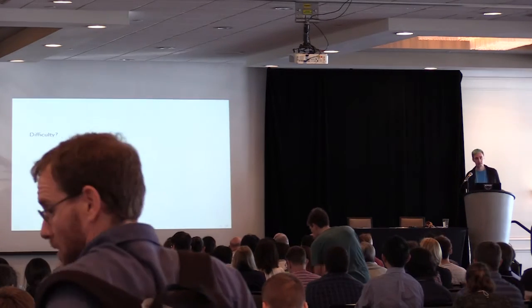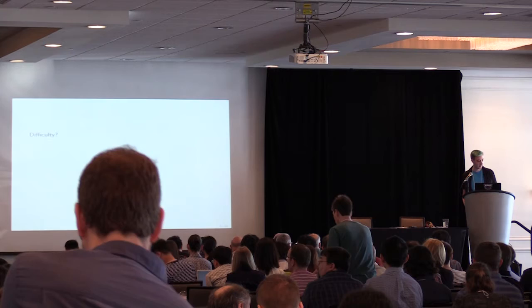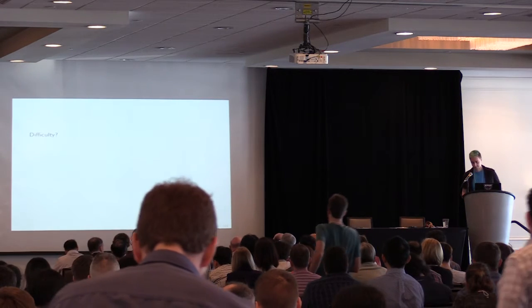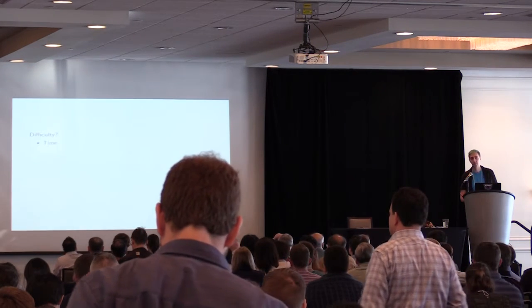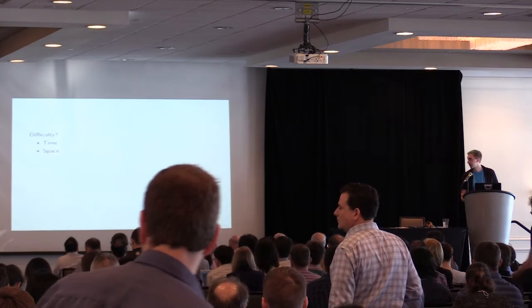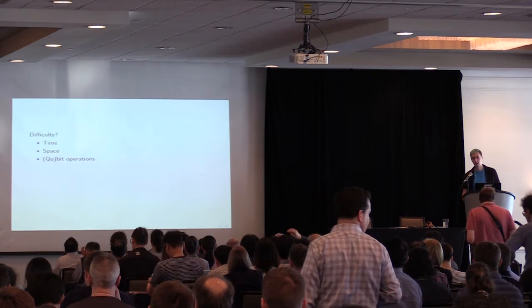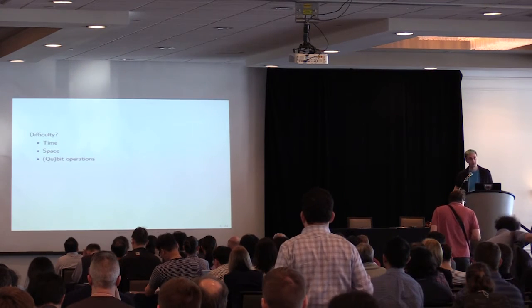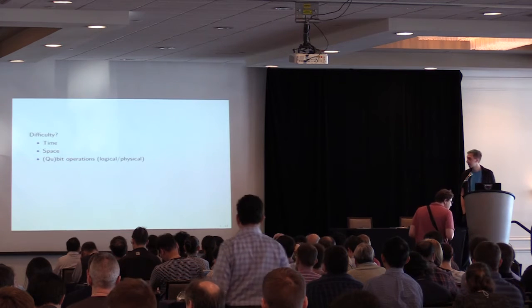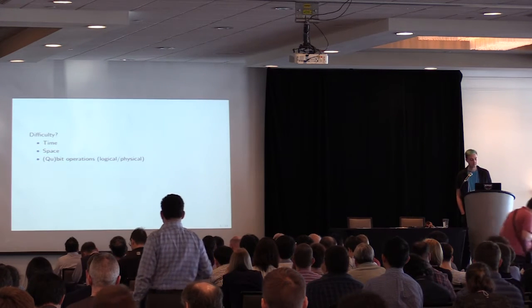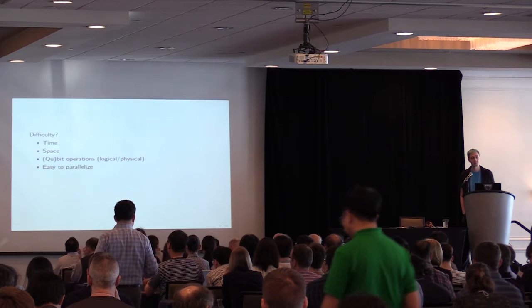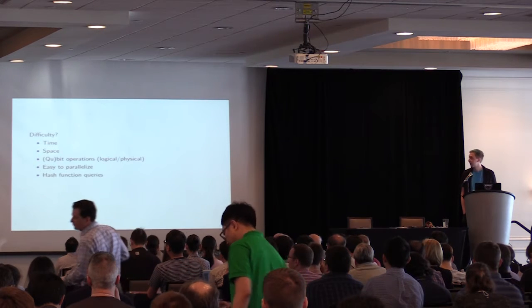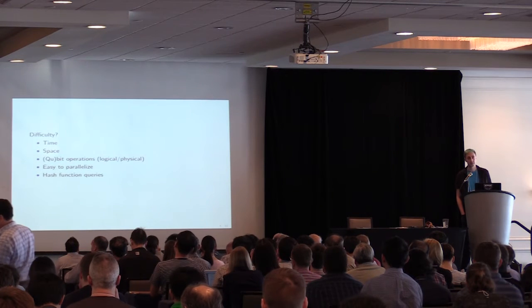But there's a bit of a vague question about what we actually mean when we say difficulty. We might mean how long it takes. We might also incorporate, for example, space requirements, how many bit or qubit operations if we're considering quantum attacks, and whether we mean logical or physical, how easy any algorithm we're using is to parallelize, or just how many queries are needed to the hash function.